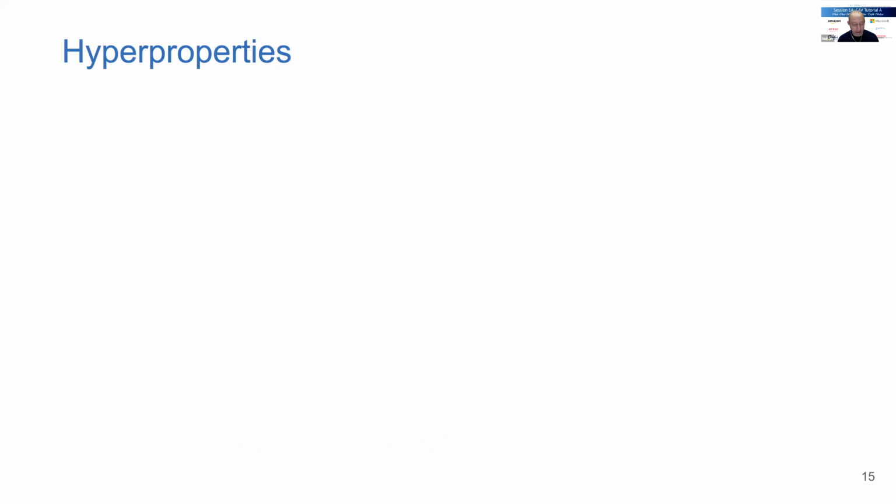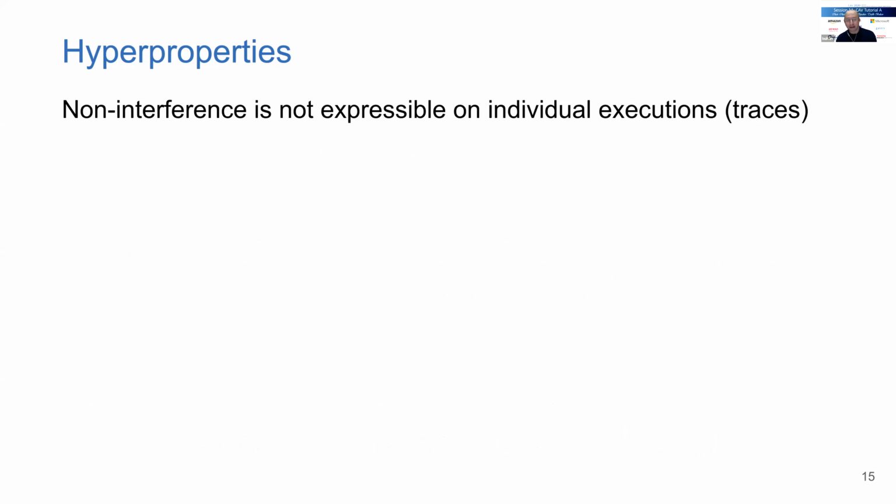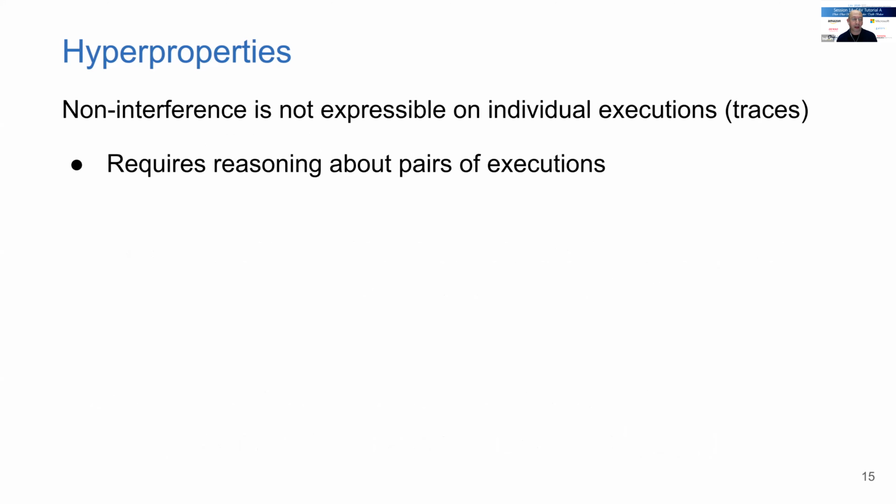There is a lot of work in the CAV community also in this domain, and I'm just mentioning things here about hyperproperties. Non-interference is not expressible on individual executions, on traces, which is typically what is done for a lot of things in the verification community, because it requires reasoning about pairs of executions, as I showed in the previous slide.